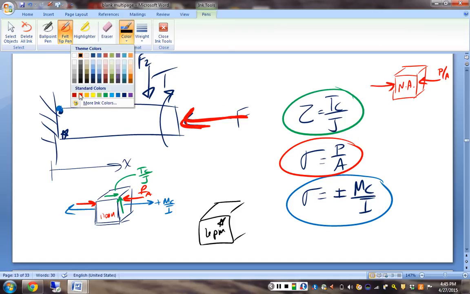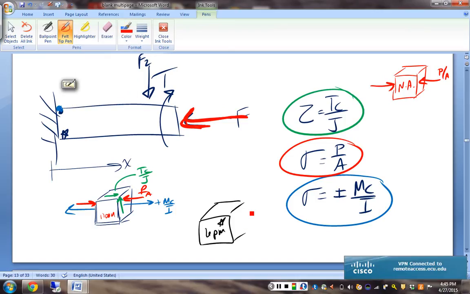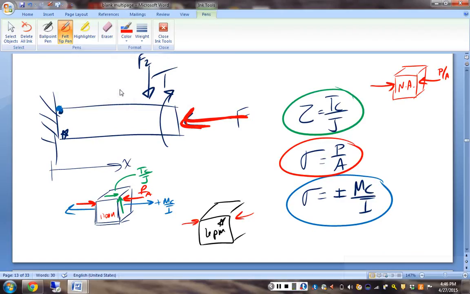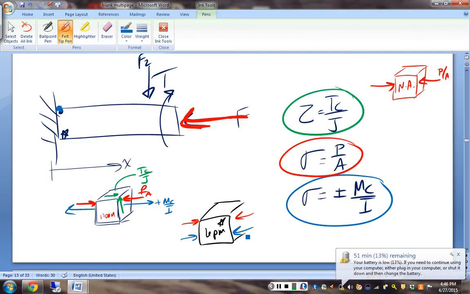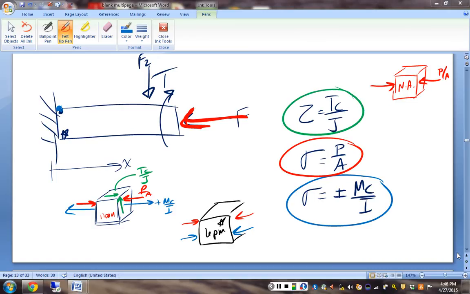The big difference is that both of them are compression. Both of the normal stresses, both of the sigma X stresses are compression.